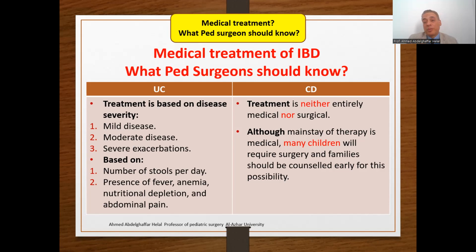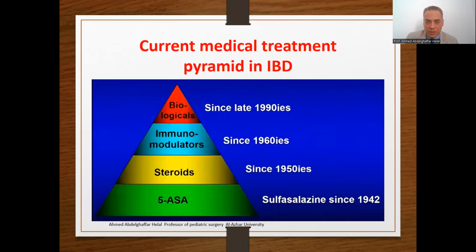Regarding Crohn's, the problem here is the treatment is neither entirely medical nor surgical. So some children may need medical treatment, some may need surgical treatment, and others may need a combination.